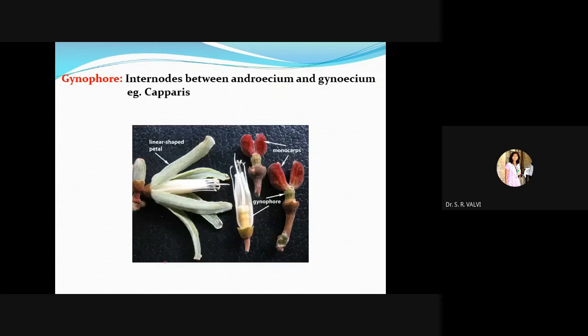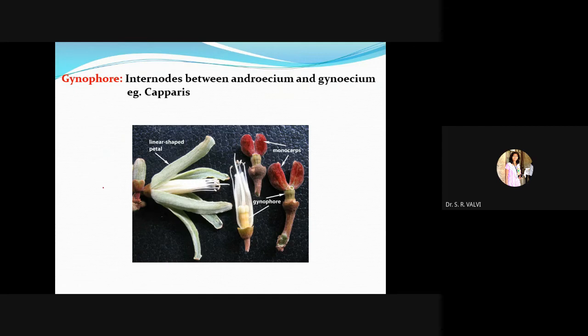Now, next is gynophore. The internode between androecium and gynoecium is called gynophore. See, from base to apex we are moving while explaining these internodal portions, right? The first one was the internode between calyx and corolla, we called anthophore. Then the internode between corolla and androecium, we called androphore.